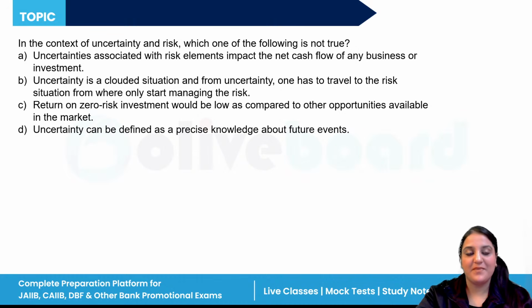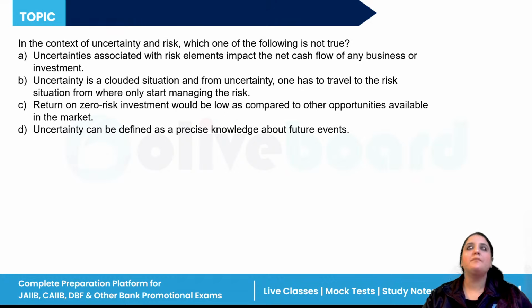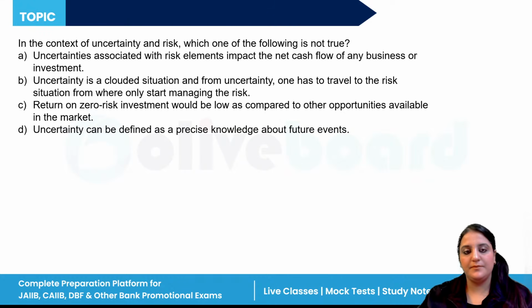Uncertainty and risk. Uncertainty is broader, risk is narrower. So which one is true in this regard? The question is from the first chapter in module B, chapter 11.